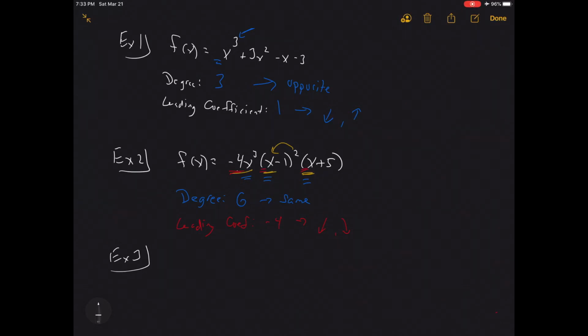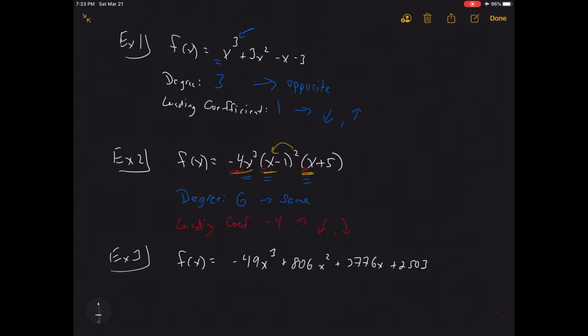So let's say we have f of x is negative 49x cubed plus 806x squared plus 3,776x plus 2,503.